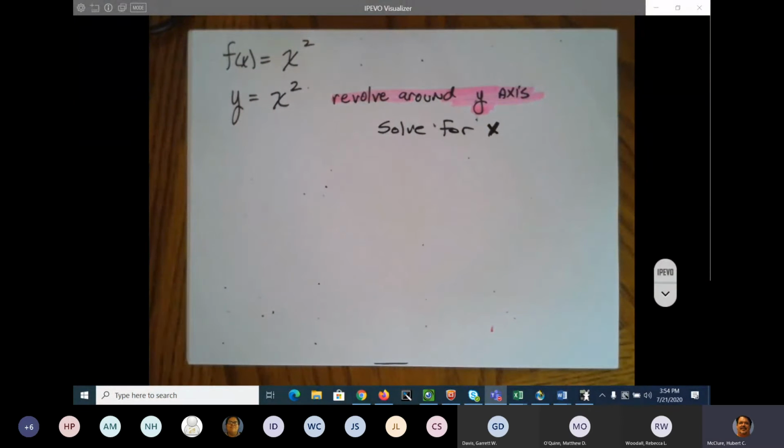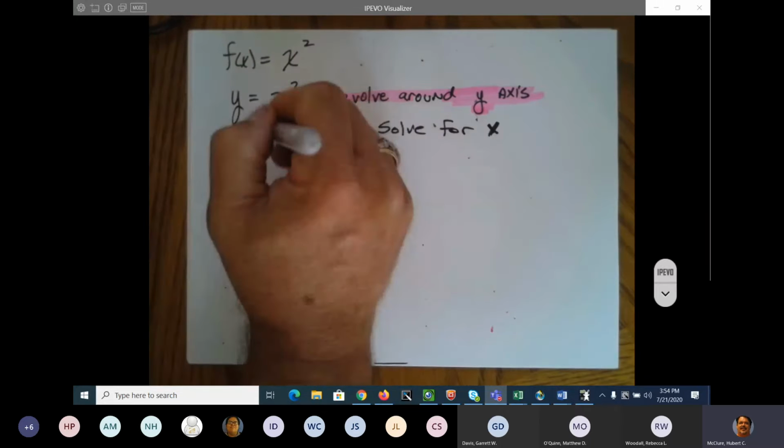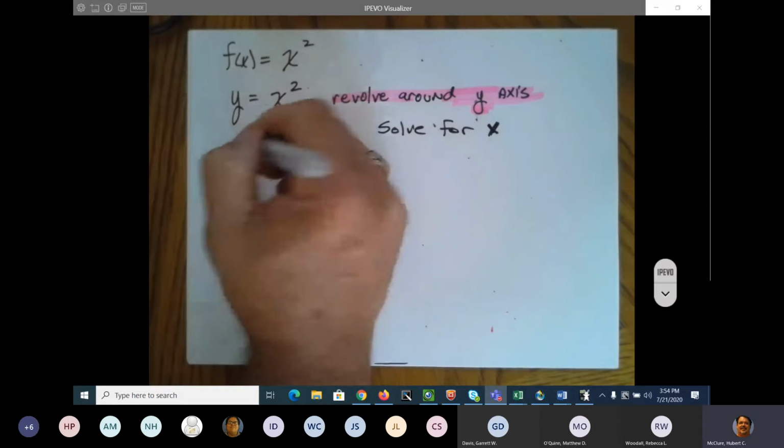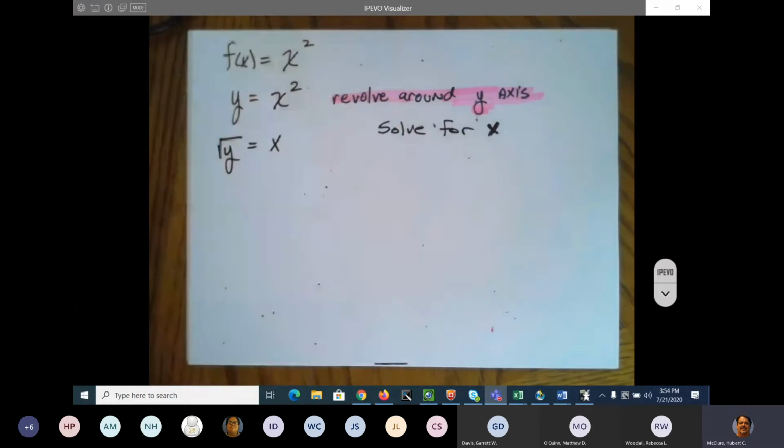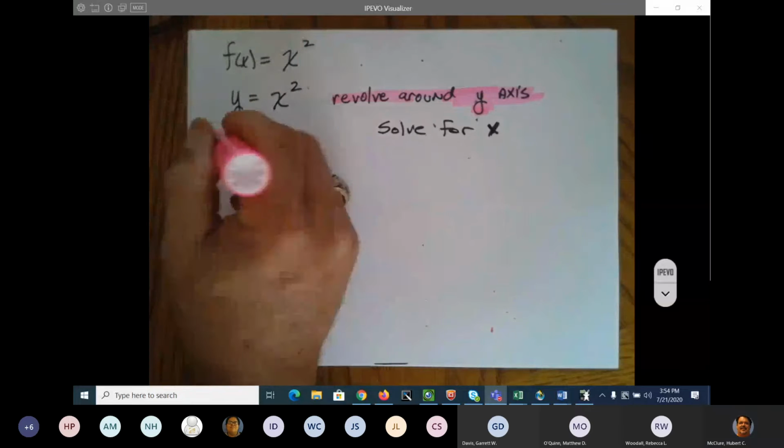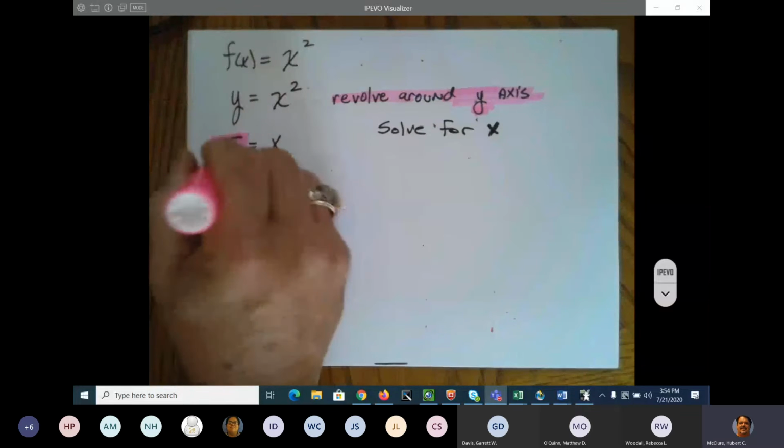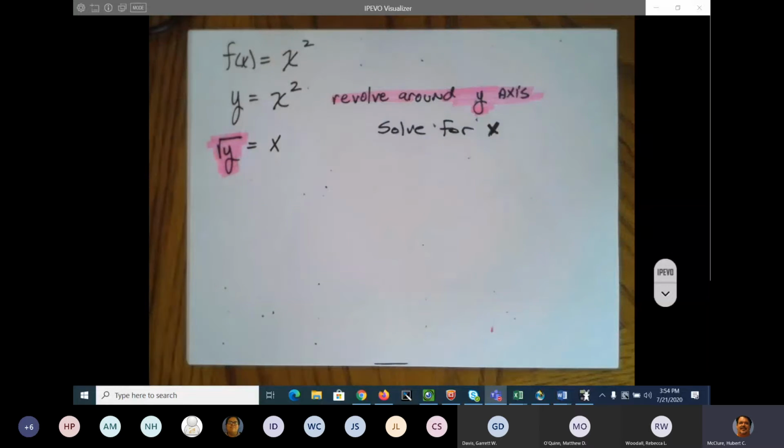Because you got to get everything in terms of y. So in this case, and we did this when we did the inverse functions, you switched and you solve for y, same thing, just solve for x. So that's going to be x is equal to the square root of y. And that is the function you're going to use in your formula.